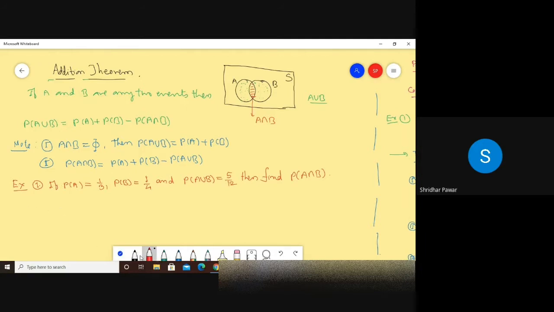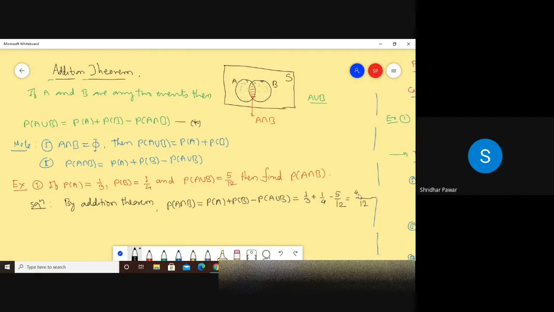So the solution is, we may write the addition theorem, or you may write P of A intersection B directly: P of A intersection B is equal to P of A plus P of B minus P of A union B. So this is equal to 1 by 3 plus 1 by 4 minus 5 by 12. Now simplify this.